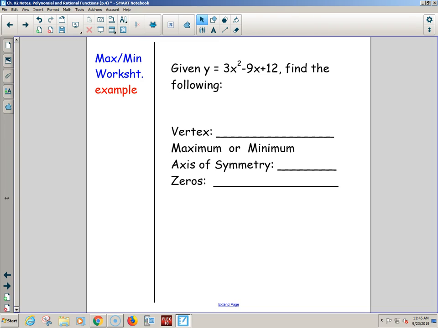Help me out. Is this an actual problem on the worksheet? I don't actually know. 3x squared minus 9x plus 12. Okay. But is it similar to what's being asked? Yes. All right, so if we want to find the vertex, the max or min, the axis of symmetry, the zeros, depending on the question, you might be asked different things like this.